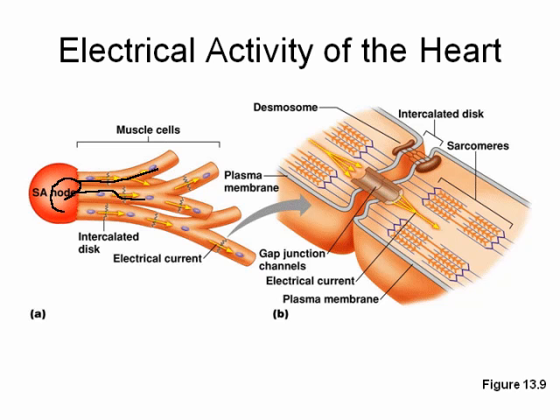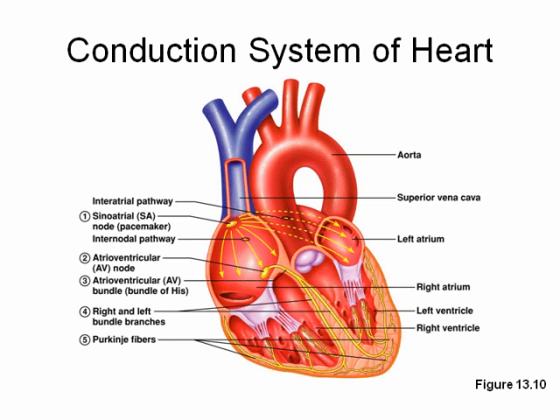That depolarization moves rapidly down in two ways. It goes down through this electrical conduction system shown in yellow here. So we have the depolarization traveling down, gets to the AV node, and then we have our very rapid conduction down through the bundle of His and the Purkinje fibers.